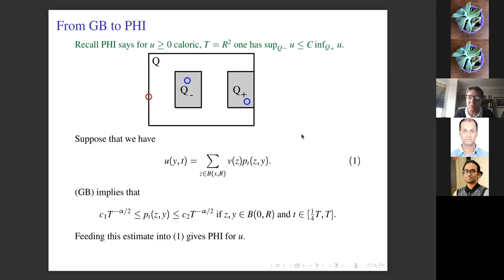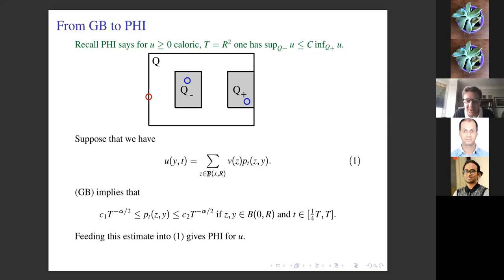So suppose, first of all, that we have a function u(y,t), which can be written in this form. p_t(z,y) is the heat kernel for the process. In other words, it's the probability, starting in z, that X_t equals y, divided by a(y). That's a solution of the heat equation.